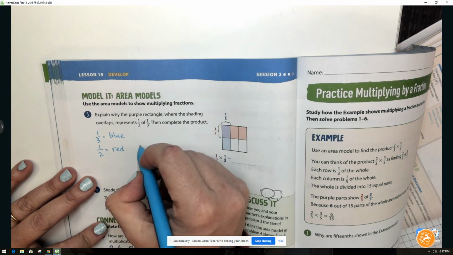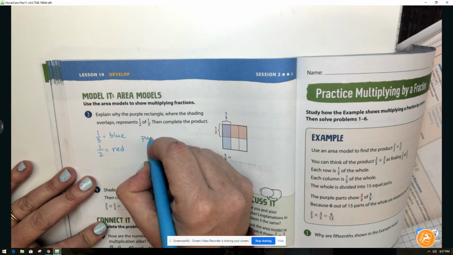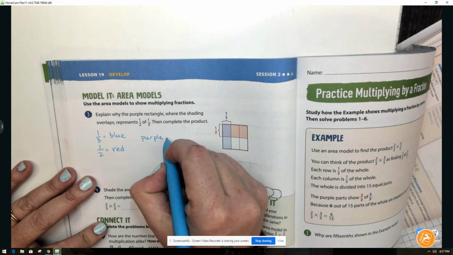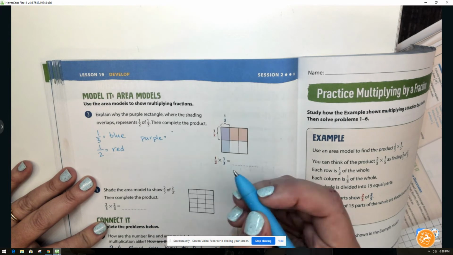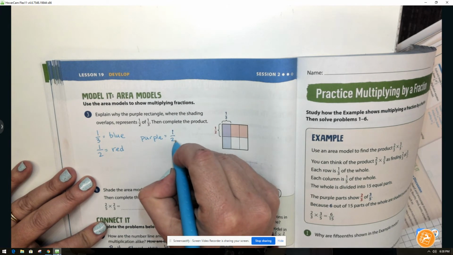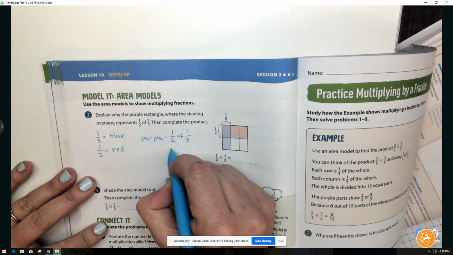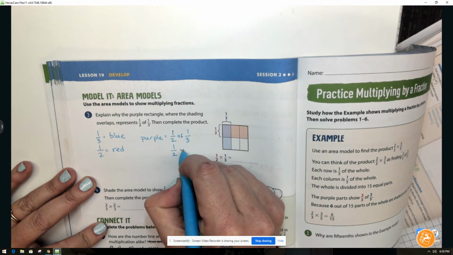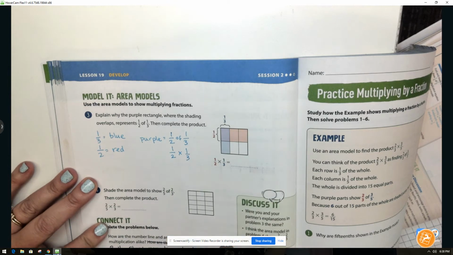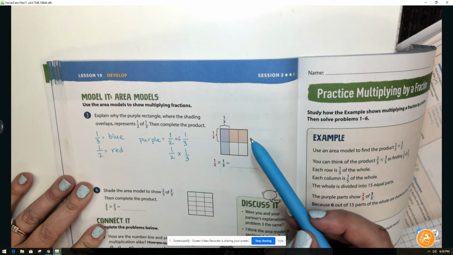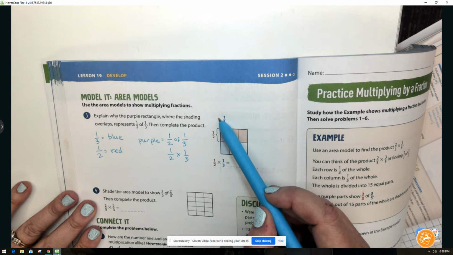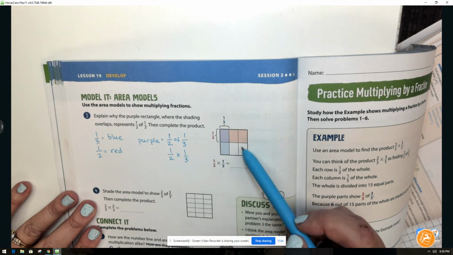And then the purple is what is 1/2 of 1/3, or what is 1/2 times 1/3. So the way that this works is, we're going to do the columns first.